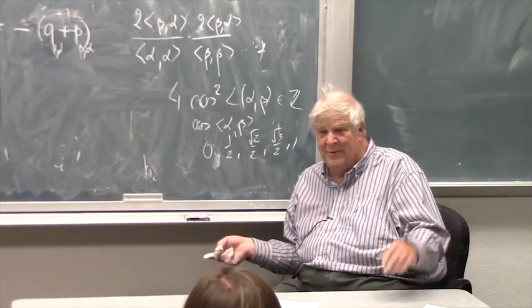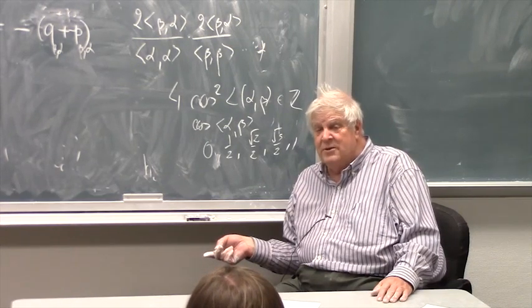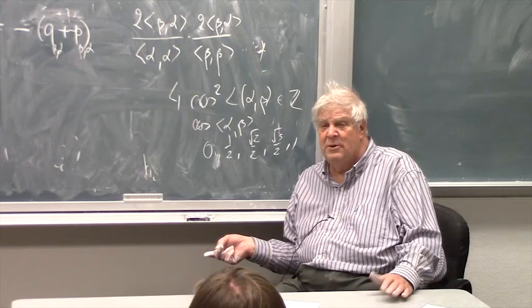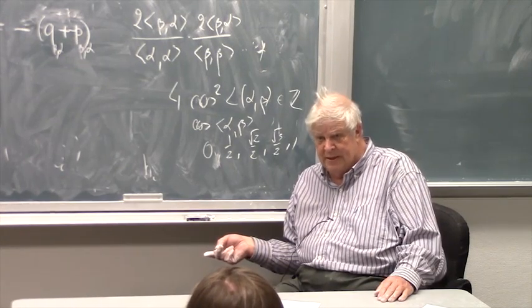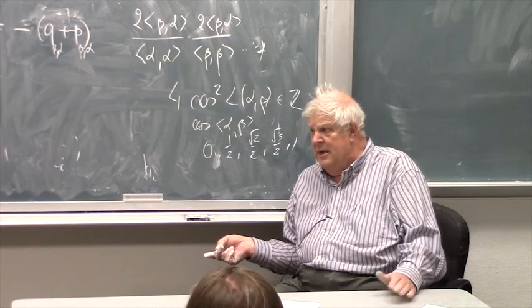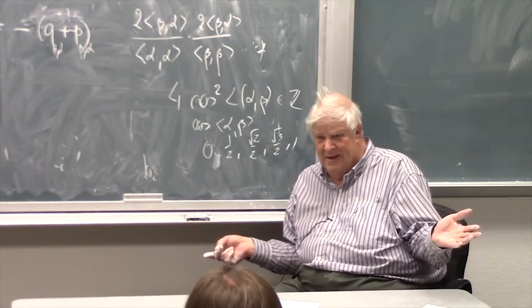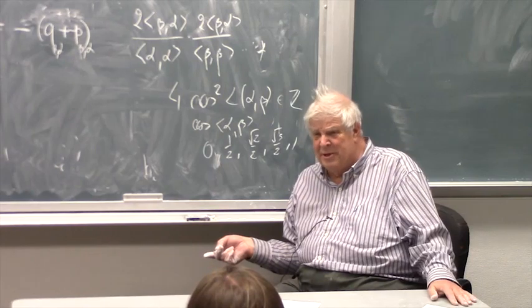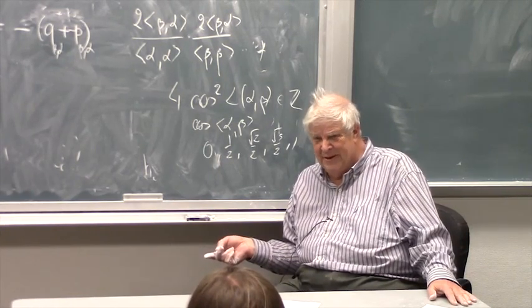Okay, now why do I say that I'm cheating? You see, I speak of angles. I mean some geometry in this space, right? But first of all, it's a complex space. And the product is symmetric, not Hermitian, something very much not geometric.